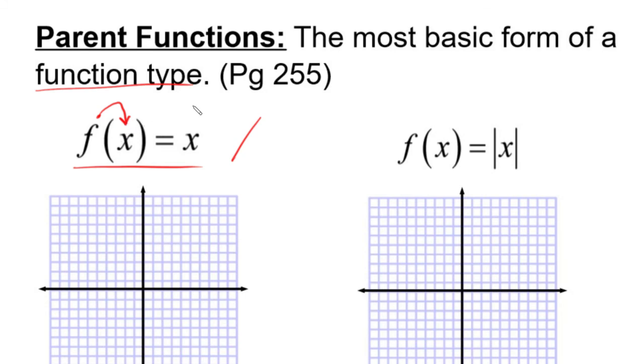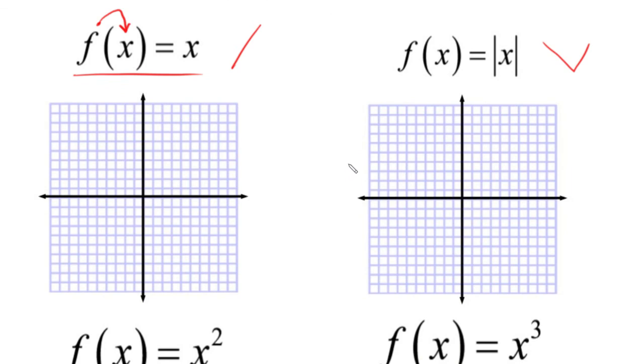So here we've got f of x equals the absolute value of x, and the absolute value looks like a V. And let's get a little more precise here. When you just have y equals x or f of x equals x, the main idea is that whatever you plug in is the same thing that you get out, right?